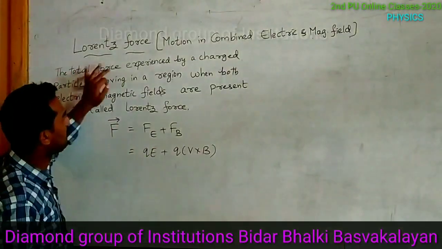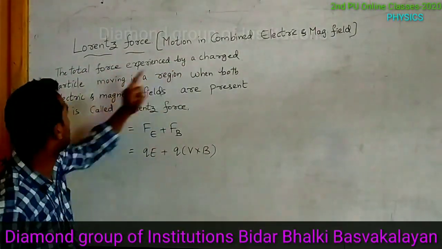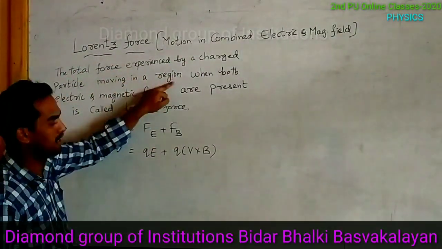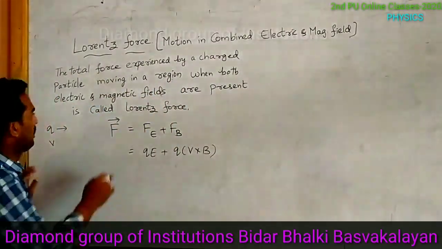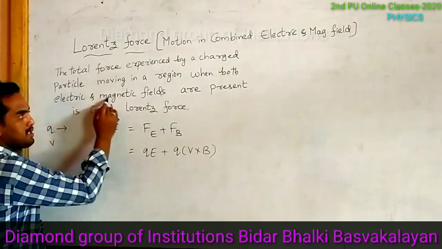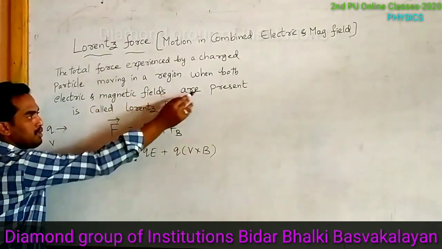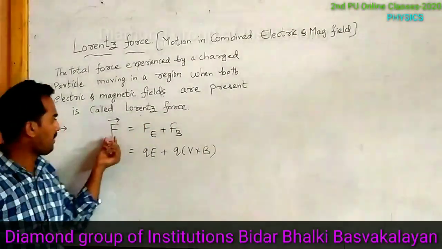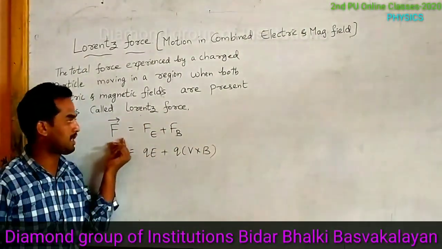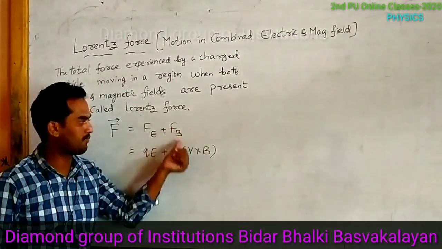The total force experienced by a charged particle moving in a region where both electric and magnetic fields are present is called the Lorentz force. So F, the total force, is equal to Fe plus Fm.